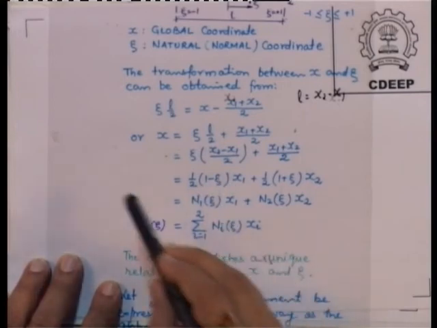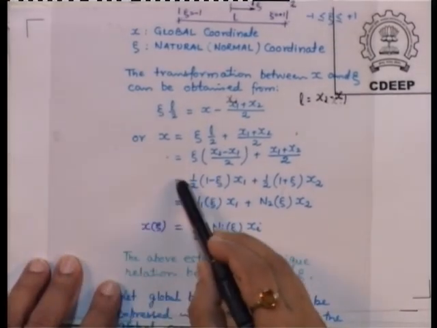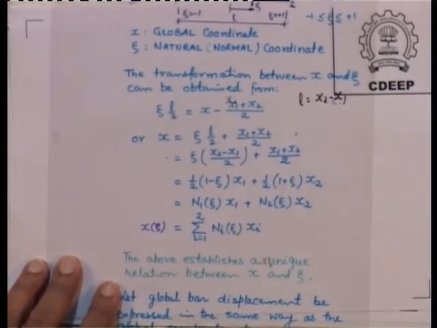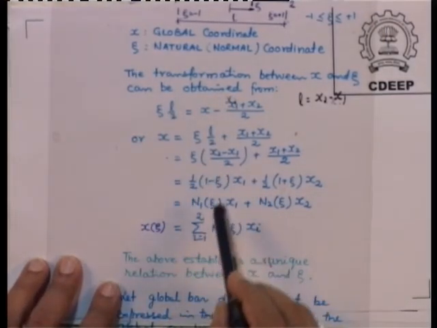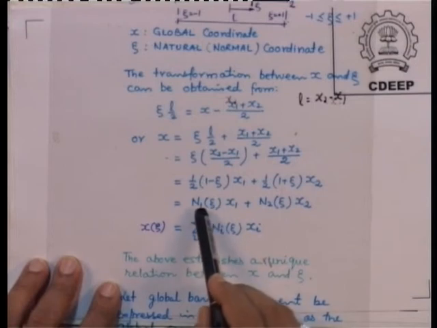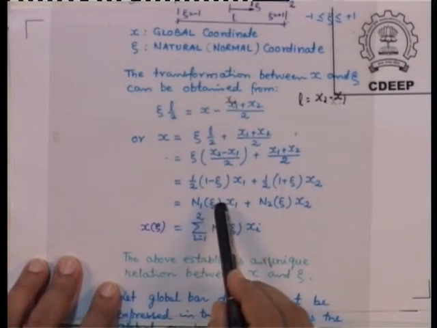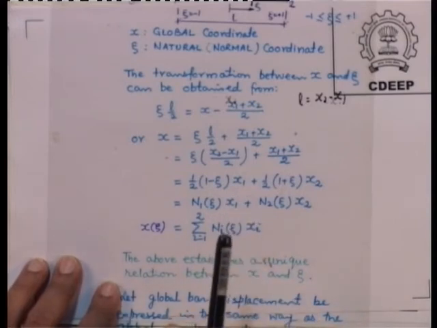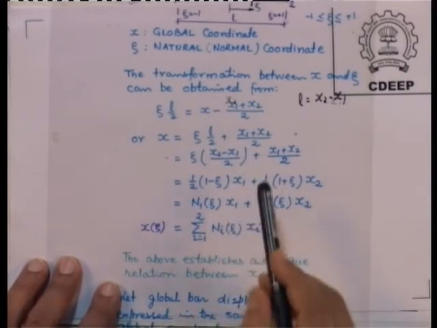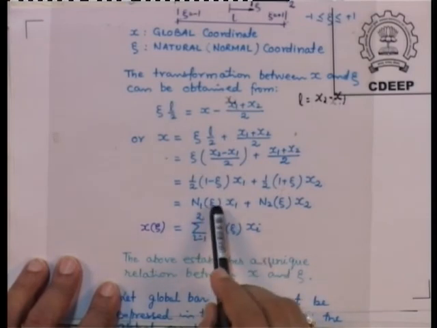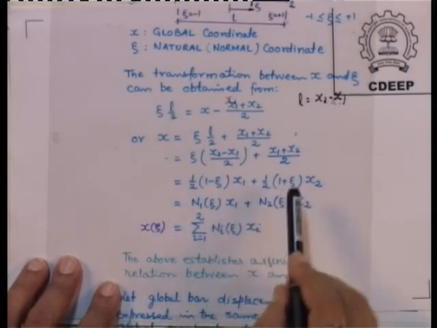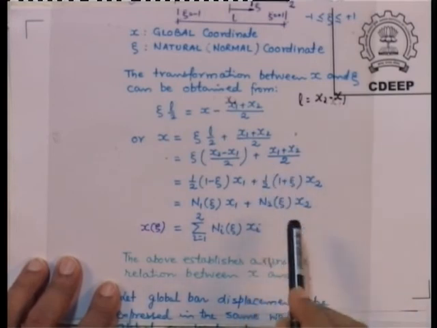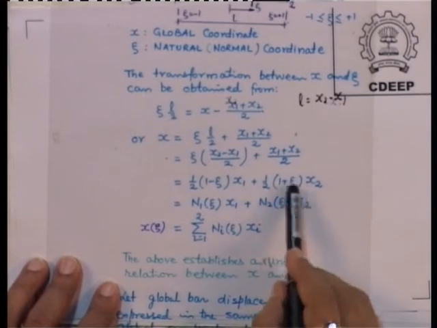When psi equals -1, this is equal to 1. In between it is a linear function. So it is similar to the triangle shape function for node number 1. I am writing the same shape, so that is why I have written this as shape function n1, except that now n1 is a function of psi, not a function of x, but otherwise it is the same. So n1 psi multiplied by x1.